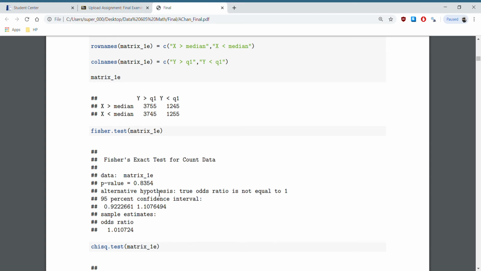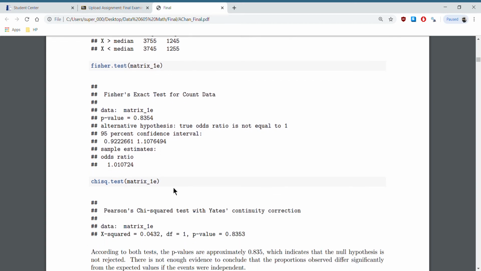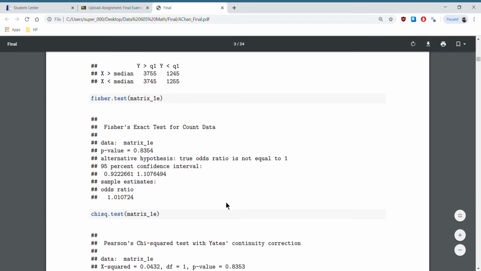When a p-value is large for the Fisher test, that means that it's probably not statistically significant, in that the distributions or the counts are probably due to random chance rather than having a significant relationship.